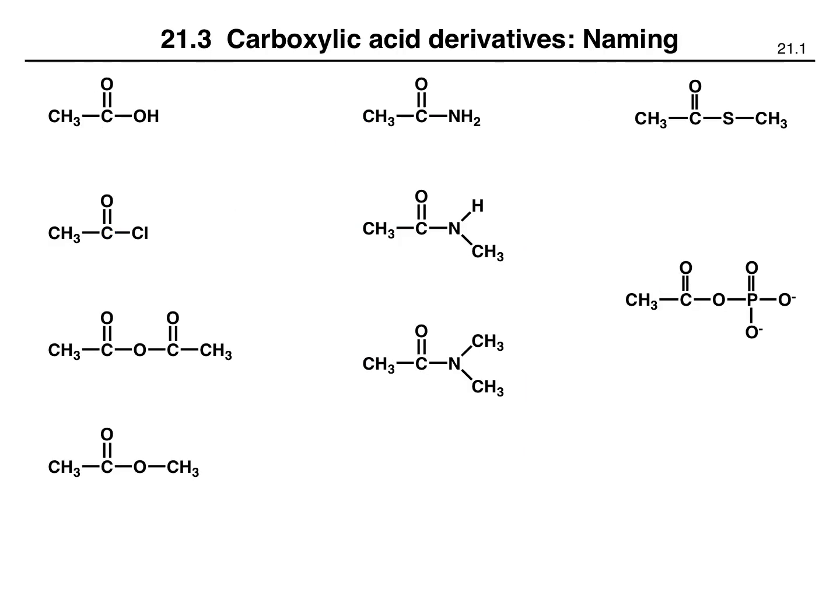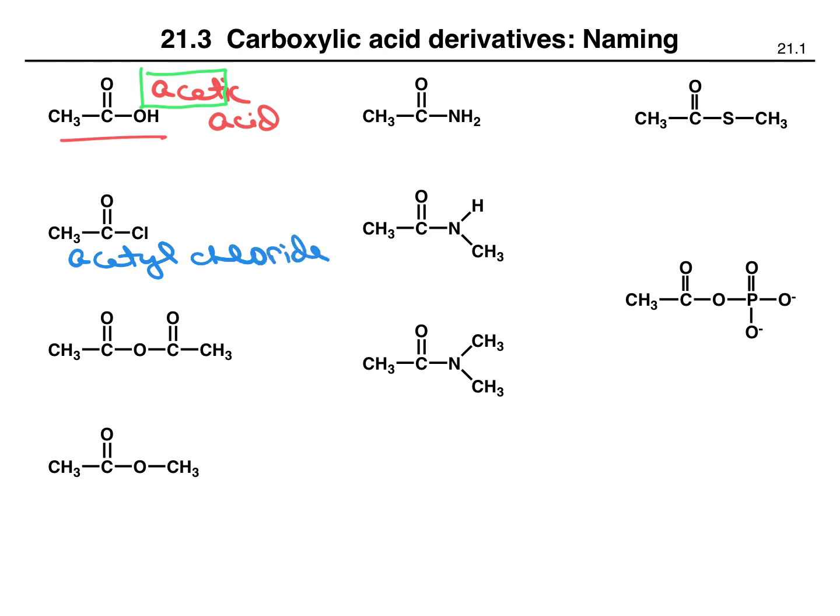When it comes to naming carboxylic acid derivatives, it's helpful to think about the carboxylic acid as the base name. So this has the common name of acetic acid. Throughout this, we are going to use the acet part and get rid of the ic acid and then replace it with a name that corresponds to the particular type of compound. So this compound is an acid chloride, and in particular what we have is acetyl chloride.